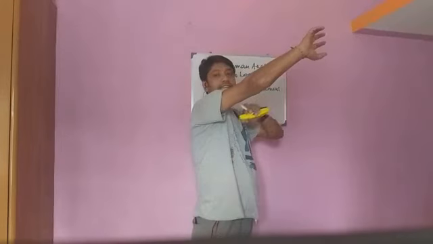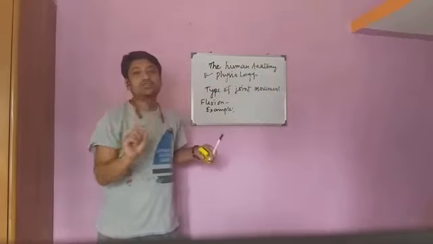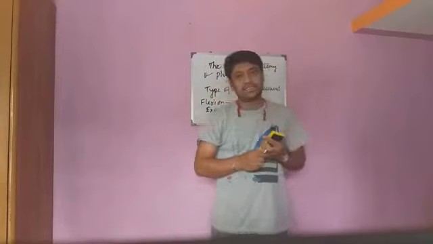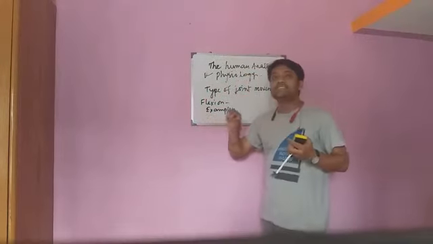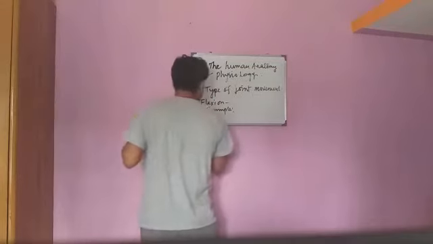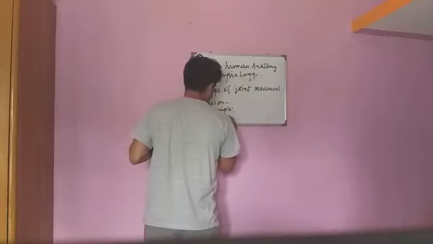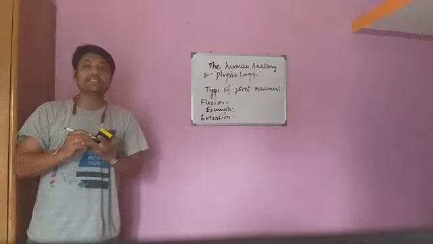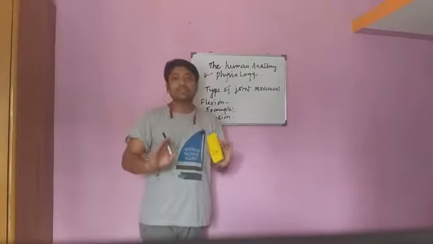So this is an example of extension. Flexion means decreasing the joint angle and extension means increasing it. So, understood these two?